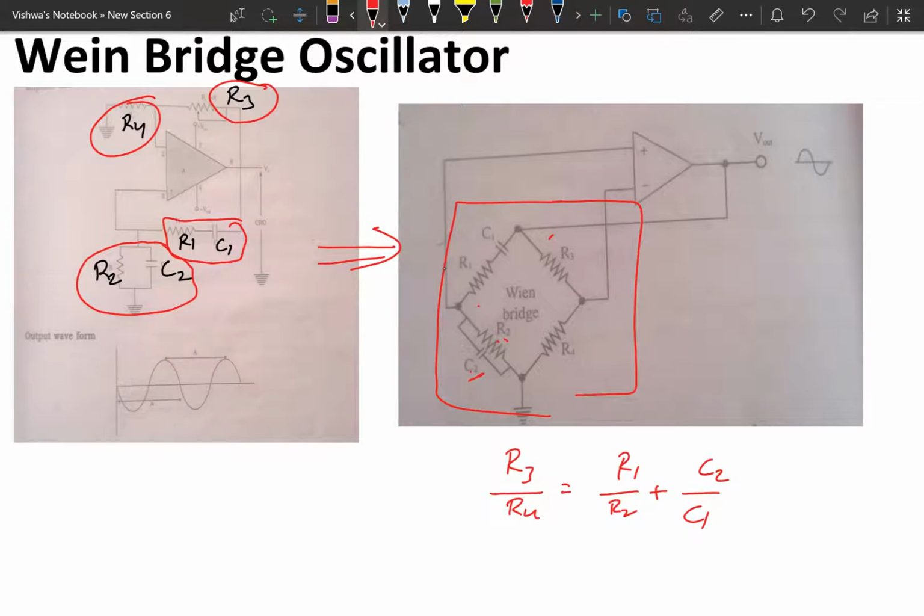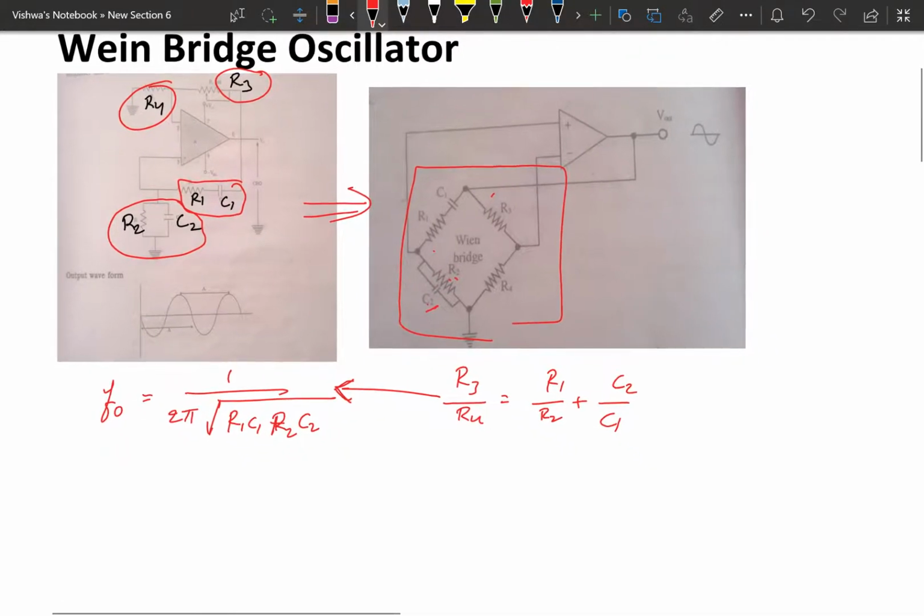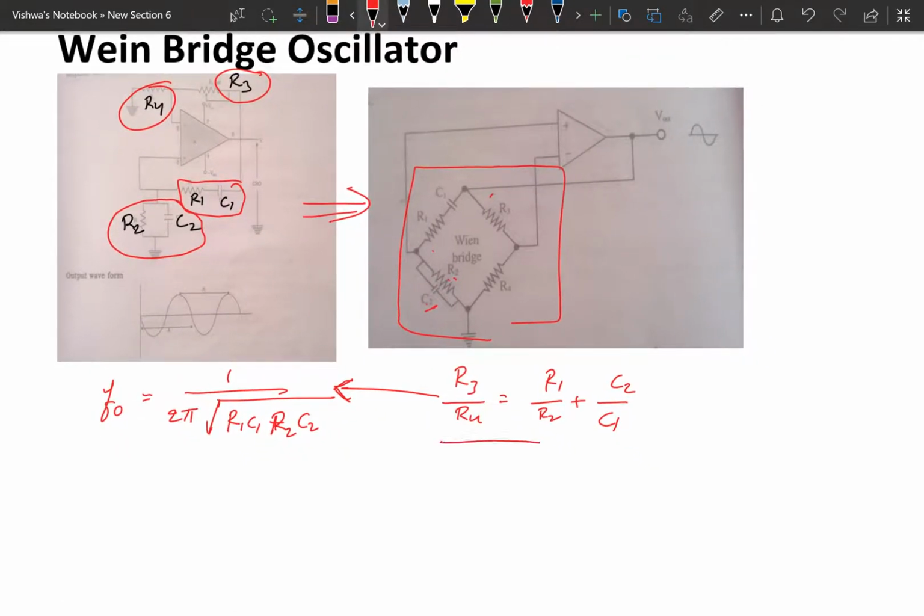In this balanced network there is a frequency generation that we call the resonant frequency, that is equal to 1 divided by 2 pi under root of R1 C1 R2 C2. This is the resonating frequency produced by the Wien-Bridge oscillator when it is balanced. The balance condition is represented by these equations.